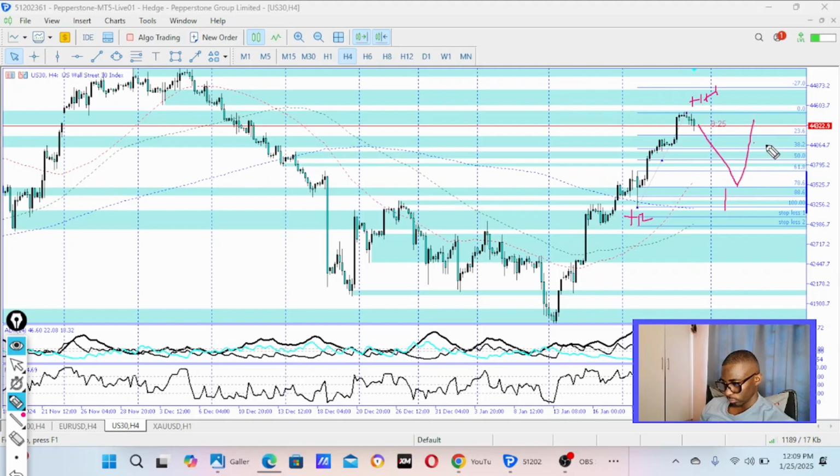So we are expecting a higher low to form at any of these fib levels.